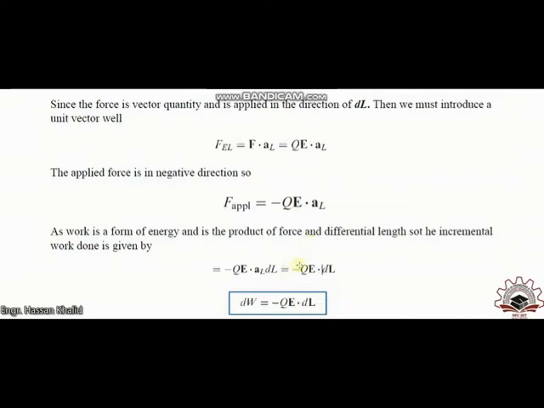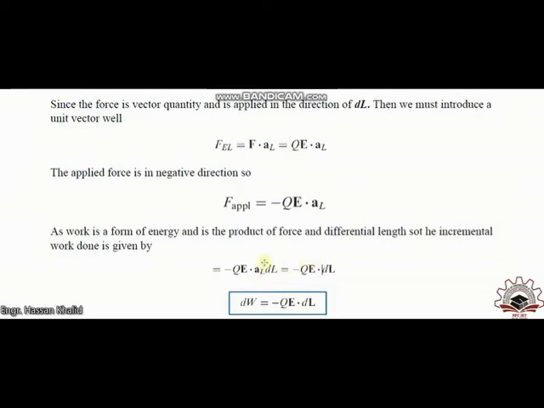Now you can see that since the applied force is a vector quantity, and the incremental distance covered by that charge also has a direction, it will be considered a vector quantity, because aL was responsible for telling the direction of the applied force.